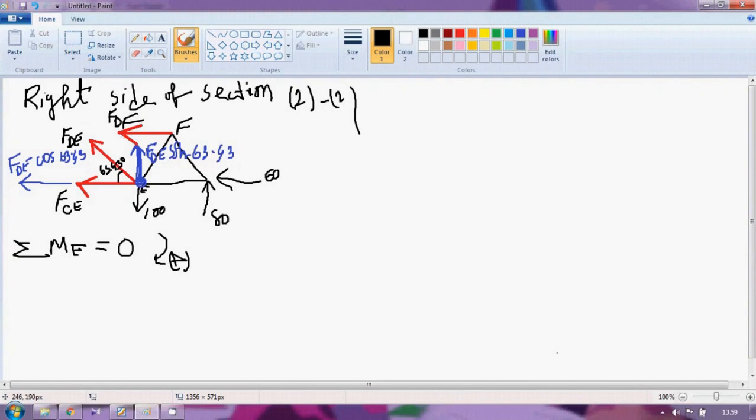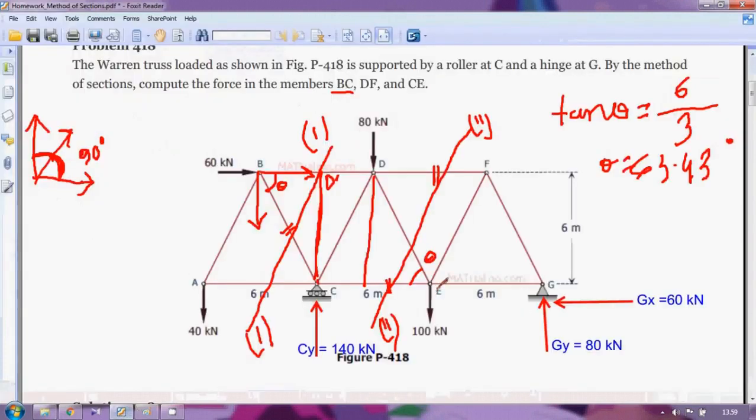If I take a moment here, taking clockwise moment as positive, this member force gives me an anti-clockwise moment, so minus F_DF into the distance between them, which is 6 meter.